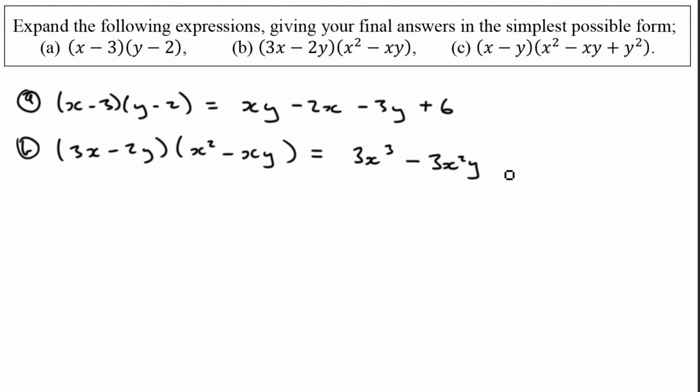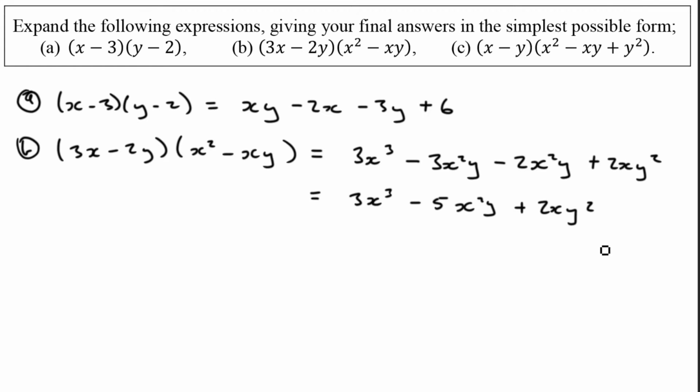Negative 2y times x squared is negative 2x squared y. And negative 2y times negative xy is plus 2xy squared. And there is a little bit of simplifying we can do here. We'll have 3x cubed, but look, we've got altogether negative 5 lots of x squared y, and we have 2xy squared.